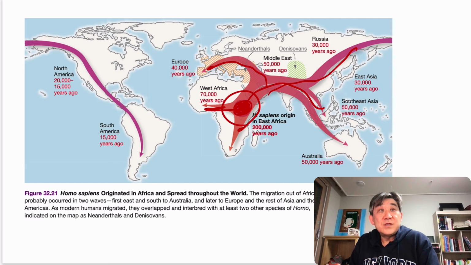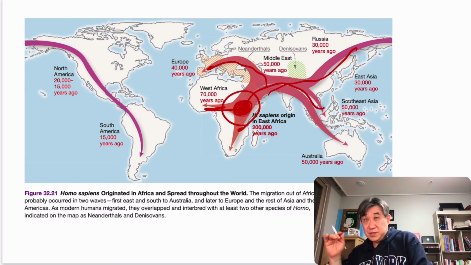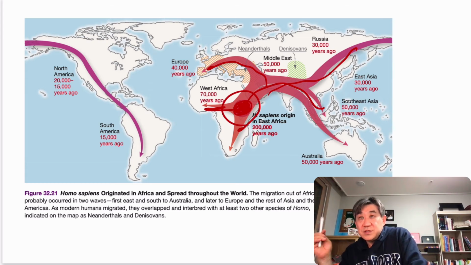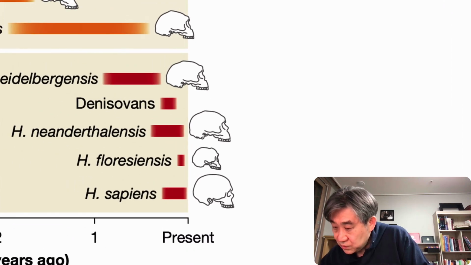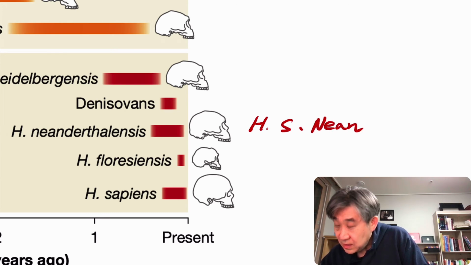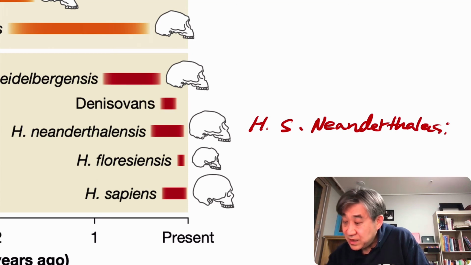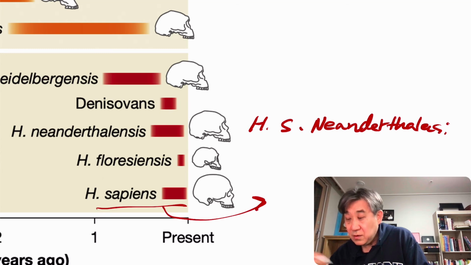And then even the more recent Homo sapiens, including these Neanderthals and Homo sapiens. Sometimes Homo neanderthalensis is also called, on some other occasions, Homo sapiens neanderthalensis as the subspecies name, while us, we are called Homo sapiens.